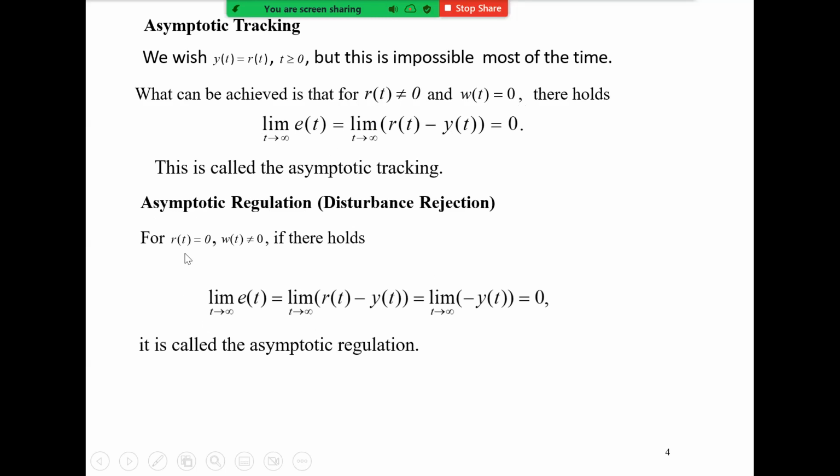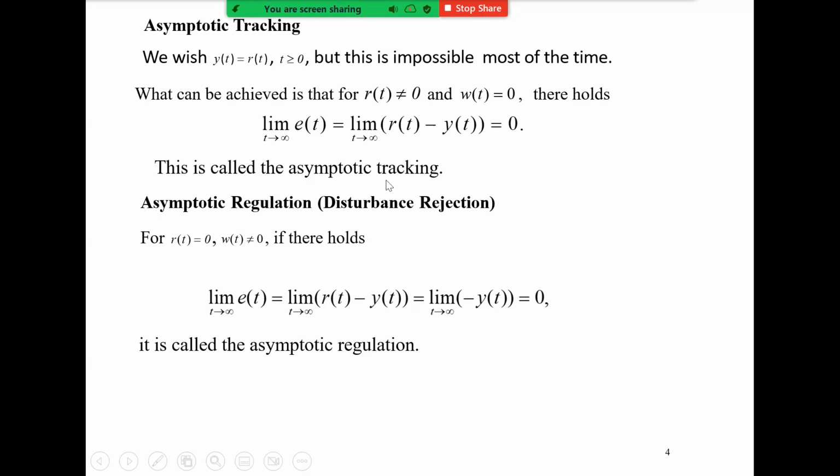For this problem, for simplicity, we assume that your desired output is 0. We want to design a controller such that the output will also go to 0. You can say the difference between the desired output and the actual output will approach 0 when the disturbance is not 0. This problem is called the asymptotic regulation problem.